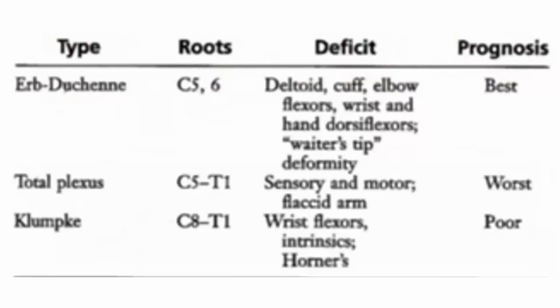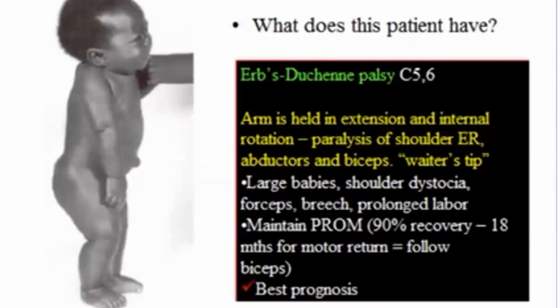If you have a patient, they will give you Erb's palsy, and they draw a picture like this, the waiter's hand, and this tells you it's a C5-6 Erb's palsy. You can have a complete palsy, which has a very bad prognosis, while you can have a C8-T1 palsy, which is known as Klumpke, and this also has a bad prognosis.